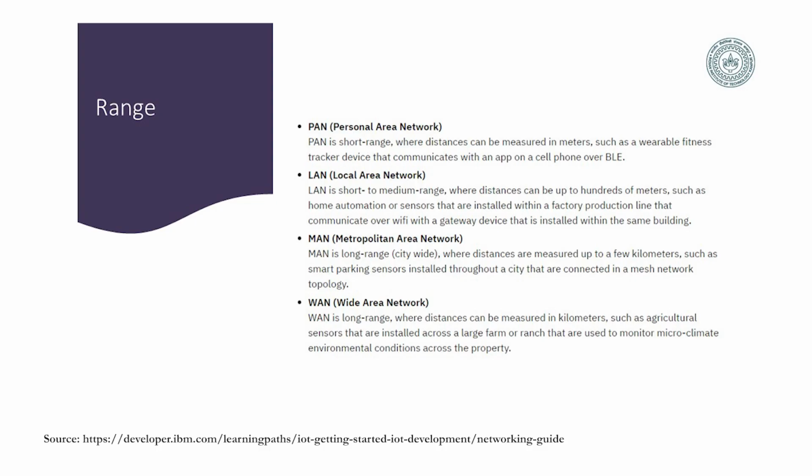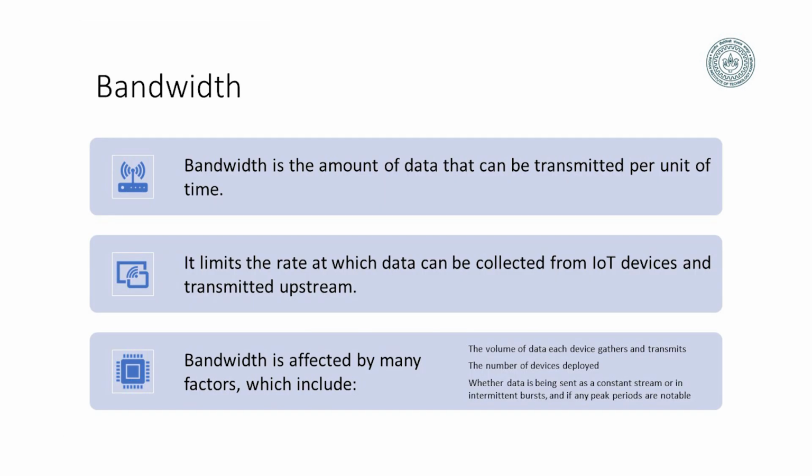So, that is wide area network, because that is bigger than your metropolitan area network. So, PAN, LAN, MAN and WAN, everyone understands? Yeah. So, you need to think about the range, whether you need to set up a PAN or a LAN or a MAN or a WAN. Okay, when you are designing your system, your smart product, think about which one you will need.